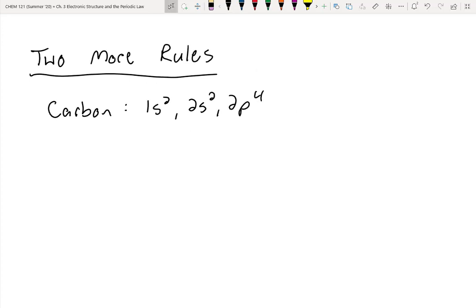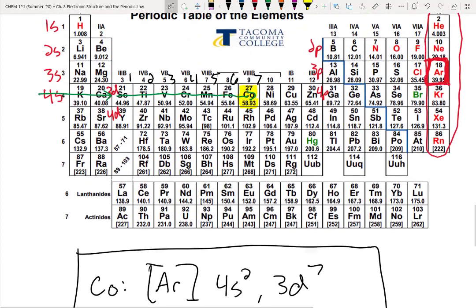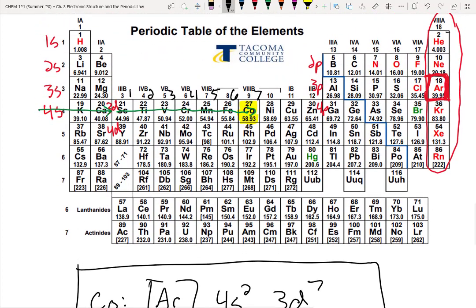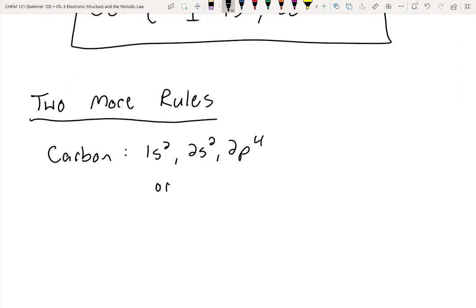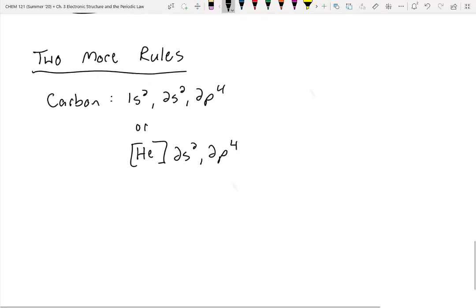All right, if we wanted to do the same thing with our halogens, we could say, well, the one before was helium. Or we could write this as helium, and then write 2s2, 2p4. So either one of these would be appropriate for carbon.